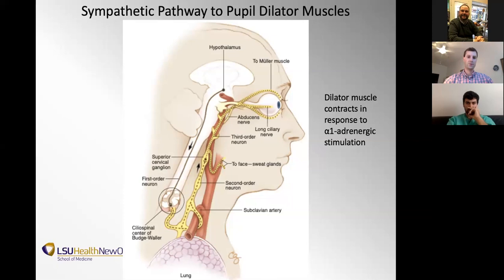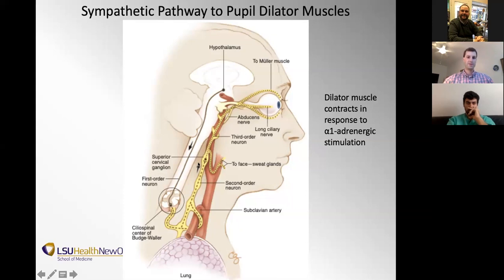up with the sympathetic plexus and will begin to then travel back rostrally again. You'll notice how close that second order nerve comes to the apex of the lung, so apical lung disease, such as a tumor, can often affect the pathway here.